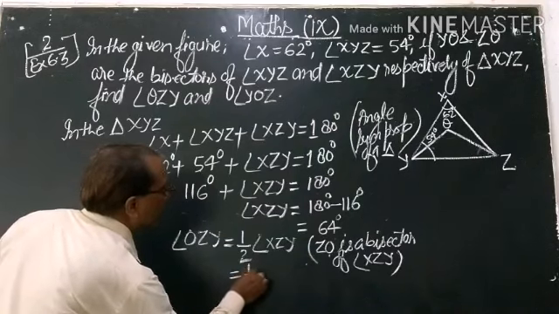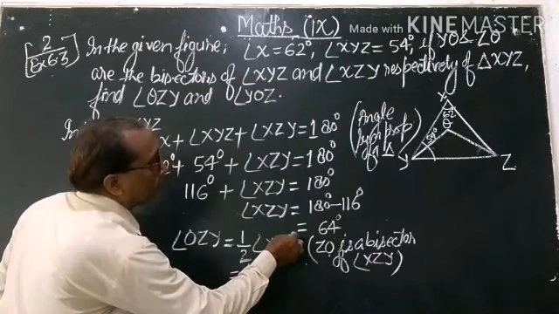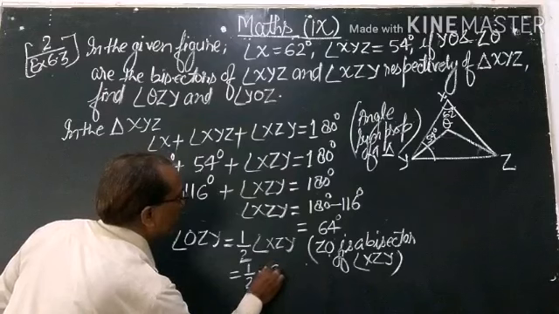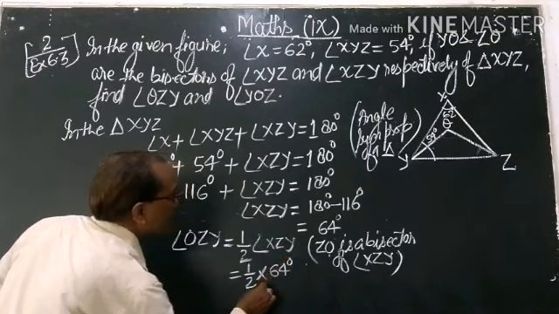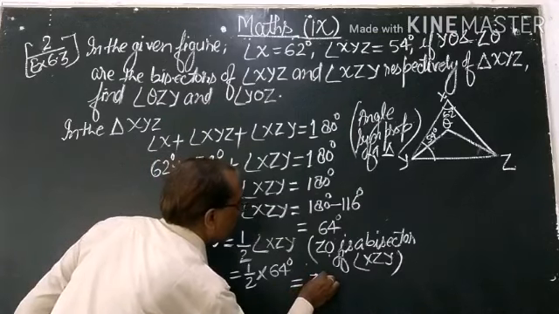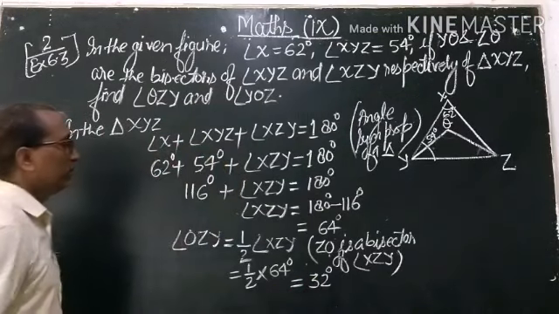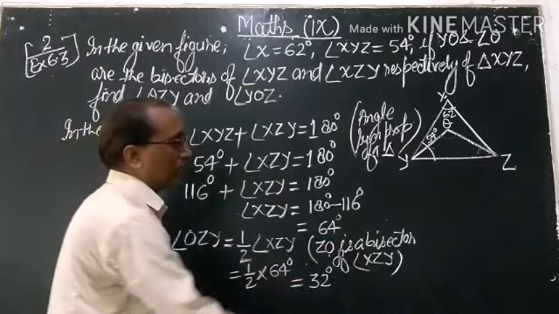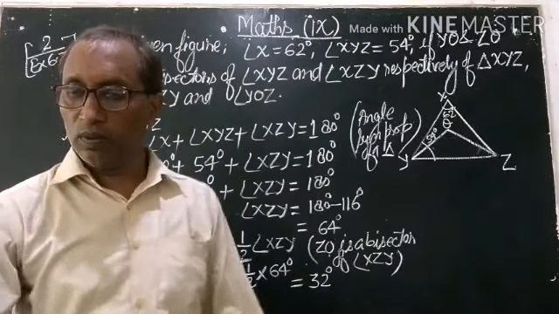Therefore, 1 upon 2 into XZY, which is 64 degrees, is equal to 32 degrees. Means angle OZY is equal to 32 degrees.